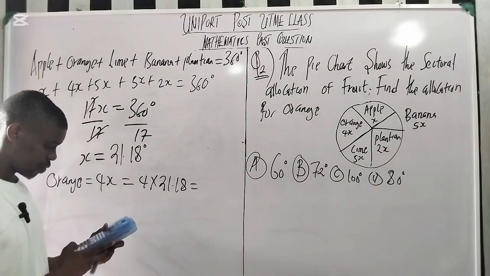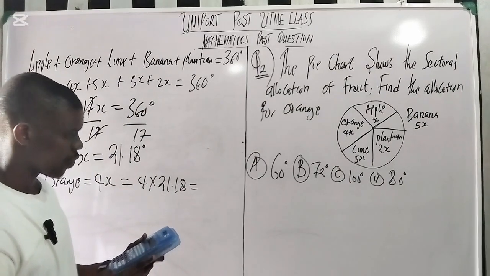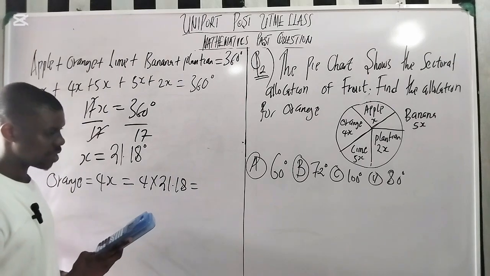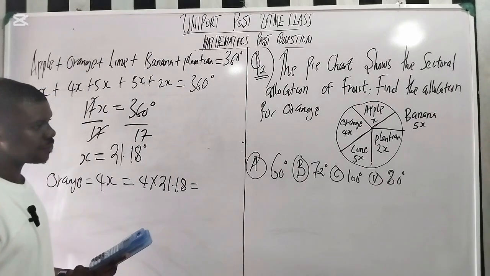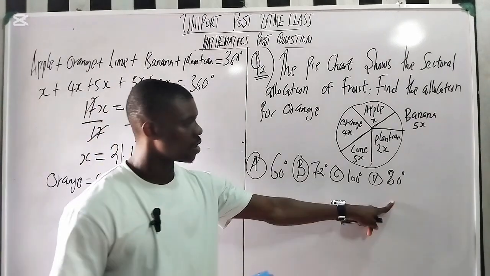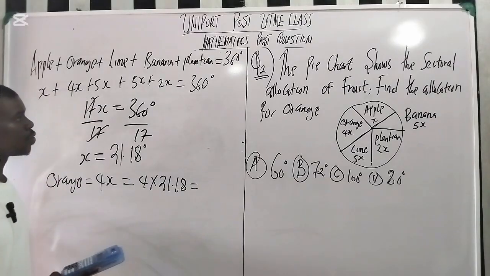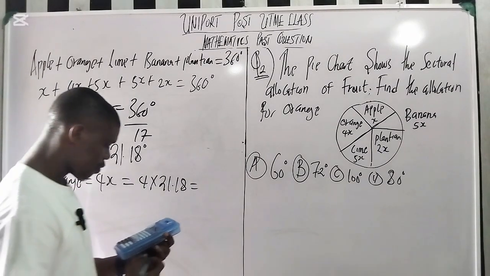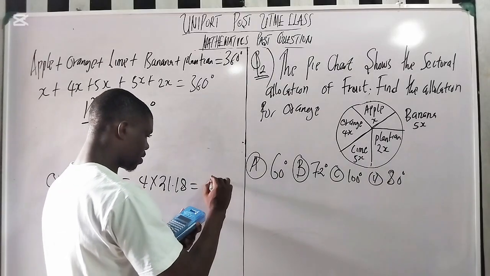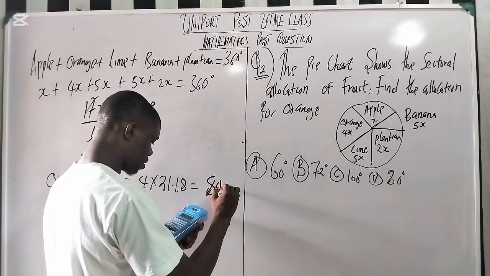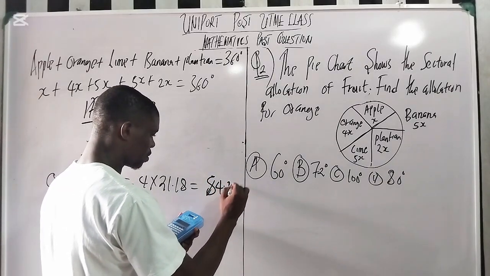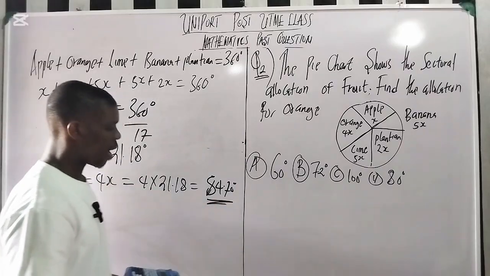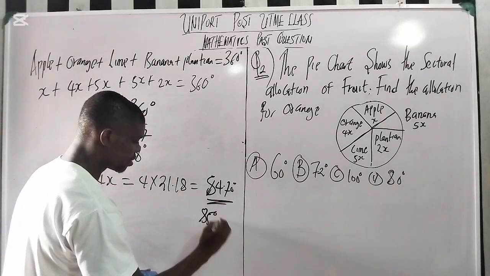Times 4, we have 84.7, approximately 85 degrees. No one is close here. So you have 84.7 degrees, approximately 85 degrees.